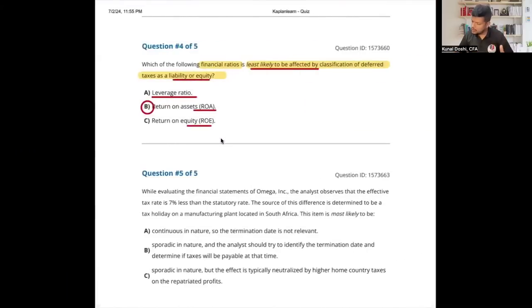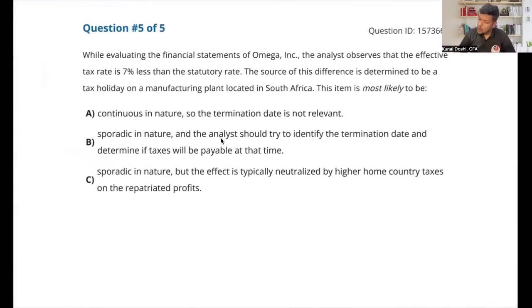Right? Okay. Next, while evaluating the financial statements of Omega, the analyst observes that the effective tax rate is 7%, which is less than the statutory tax rate. Guys, tell me, when the effective tax rate and statutory tax rate do not match, is it a temporary or permanent difference?